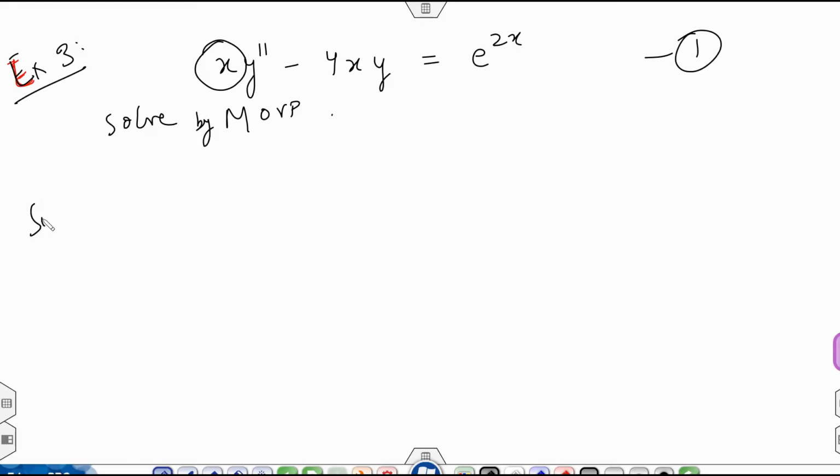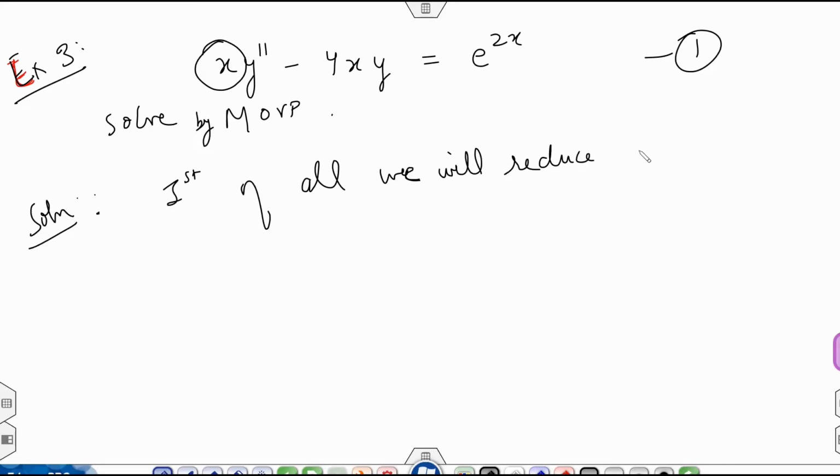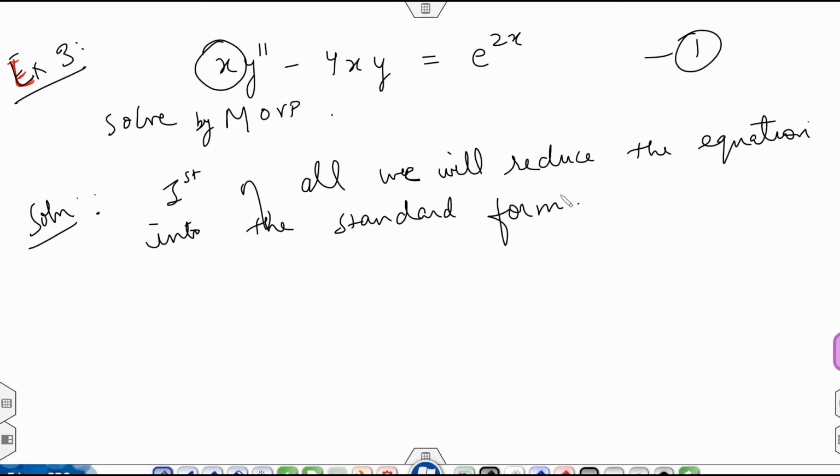First of all we will reduce the equation into the standard form. Standard form means the coefficient of y double dash should be 1. So after dividing, our equation will become like this. I'll call it equation number 2.